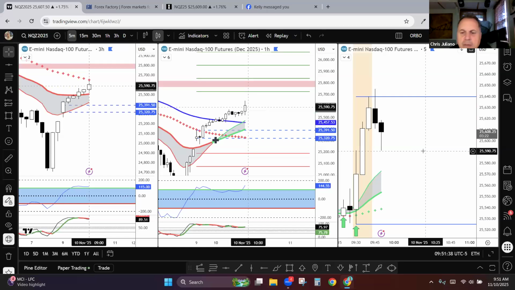So in this situation, let's see if we can get some indication that this is going to continue up. Another 3 minutes. 3 minutes on this candle.